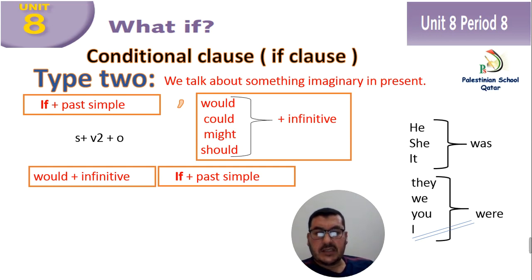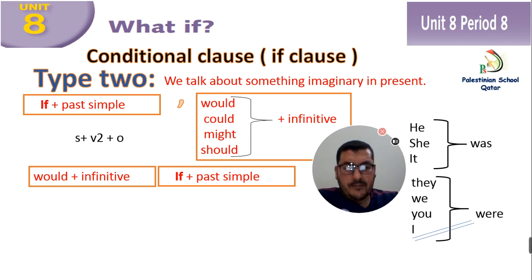For example, I can say, if I were a doctor, and I'm not a doctor, so if I say if I were a doctor, I could give medicine to anybody.